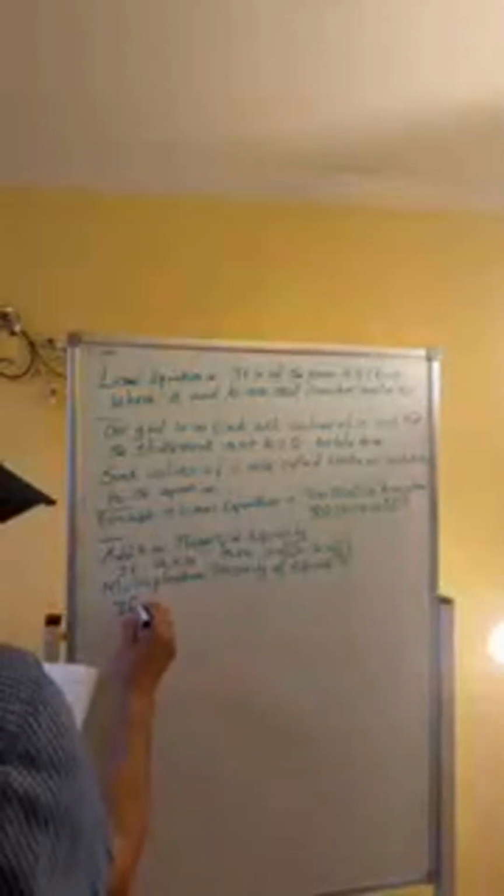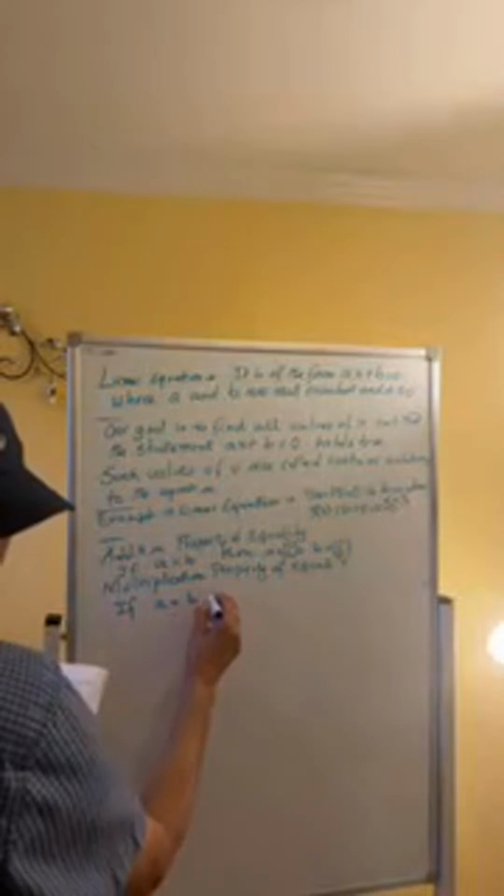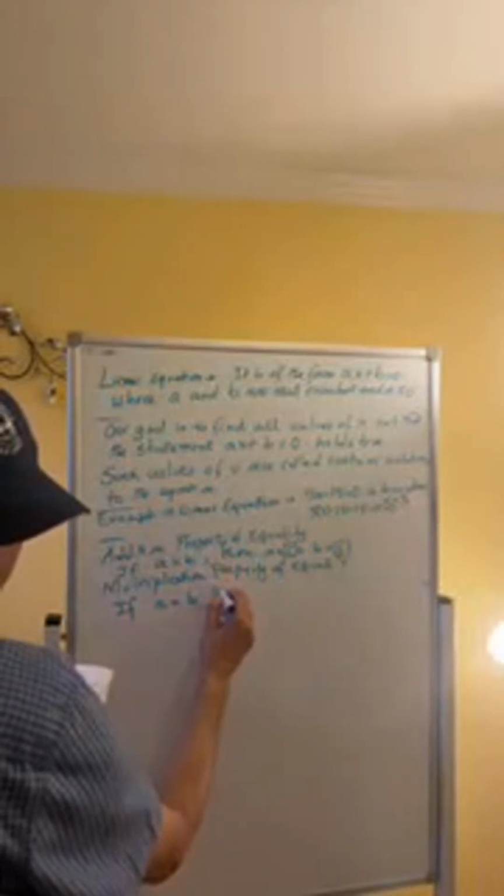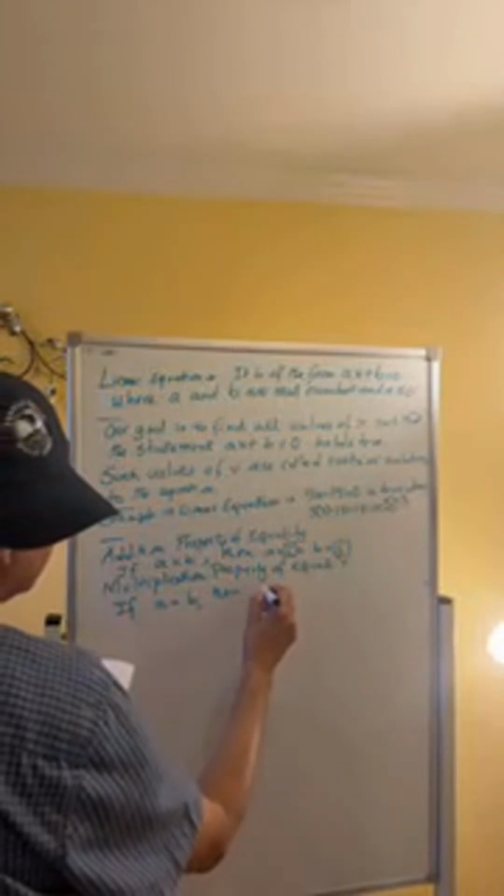Multiplication property of equality. If A is equal to B, then we multiply by C on both sides.